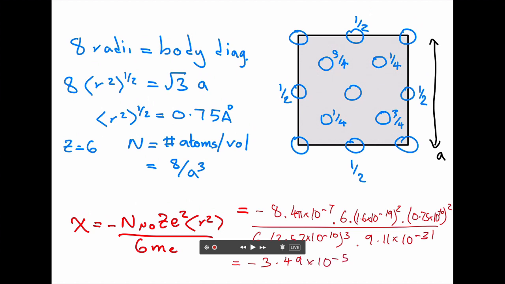Okay, remember it's dimensionless. Now, interestingly, if you look up the experiments for diamond, you will get minus 2.2 times 10 to the minus 5. Okay, and given that we were approximating diamond as spherical atoms, that's a reasonably good estimate.